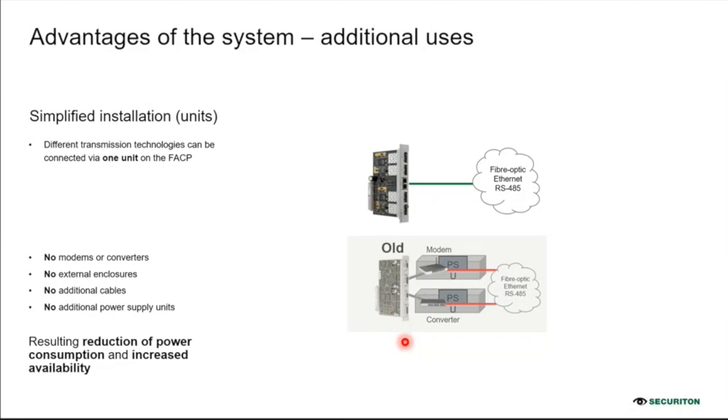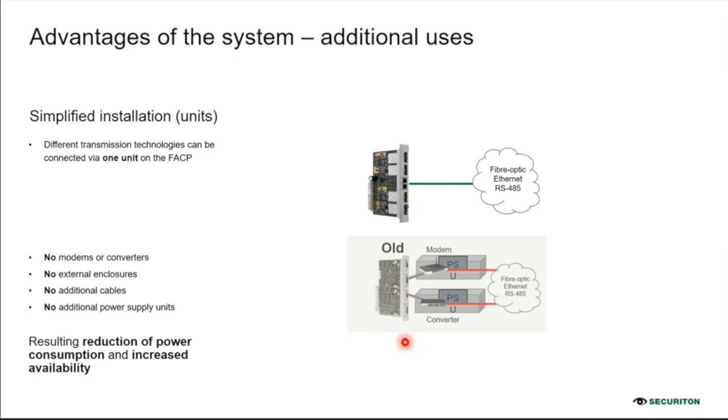So that means, for example, if you want to connect two different panels that are far away from each other, we don't need to use external devices anymore, like a converter for fiber optic or RS485.